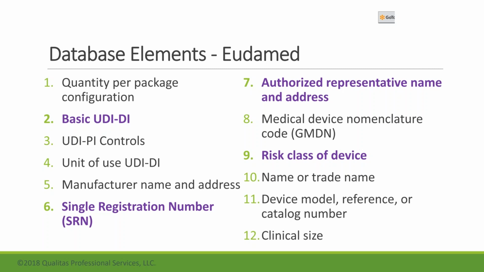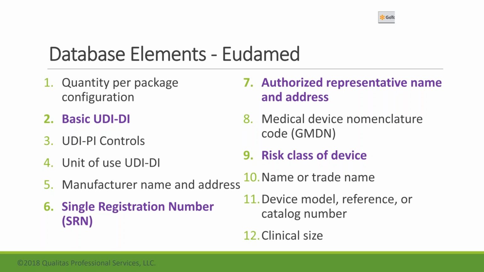However, it's kind of compensated for because they have the product code and other, you know, 510(k) numbers and stuff. So you're able to find out what the risk class of that device is. Number 11, device model, reference, or catalog number.